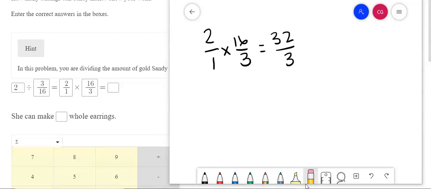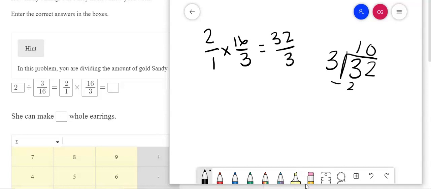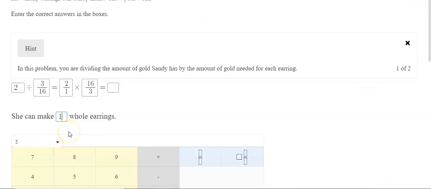Okay, so we're going to take 32 divided by 3. 3 goes into 32 10 times because that's 30. We get 10 2/3. You can't make 2/3 of a pair of earrings, so you get 10 whole earrings here.